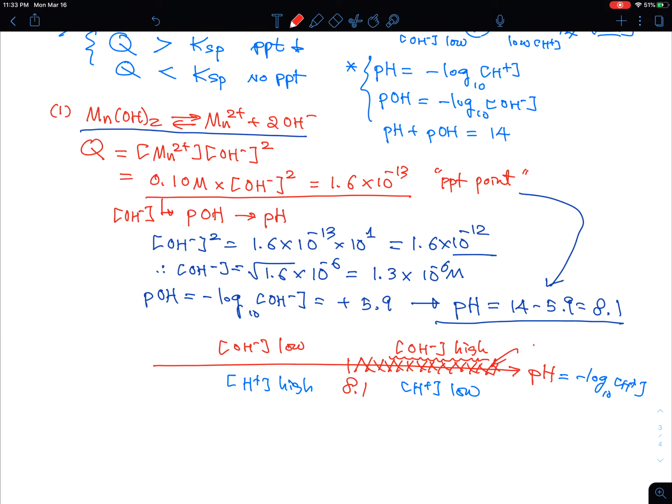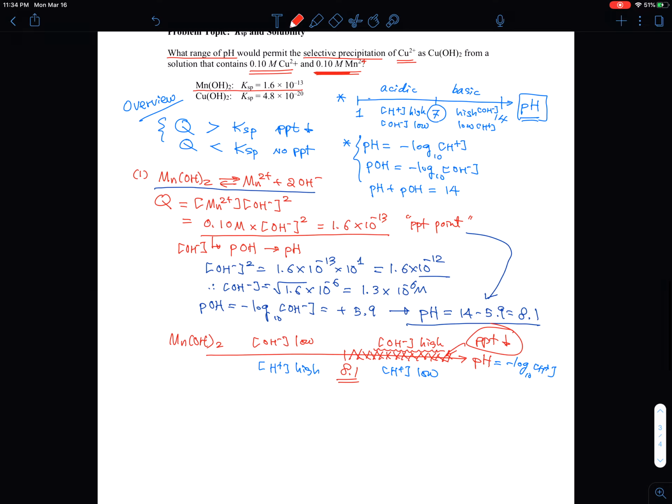So when your pH is higher than 8.1, you will see precipitation. Let me show that graphically. That's the case for Mn(OH)2.